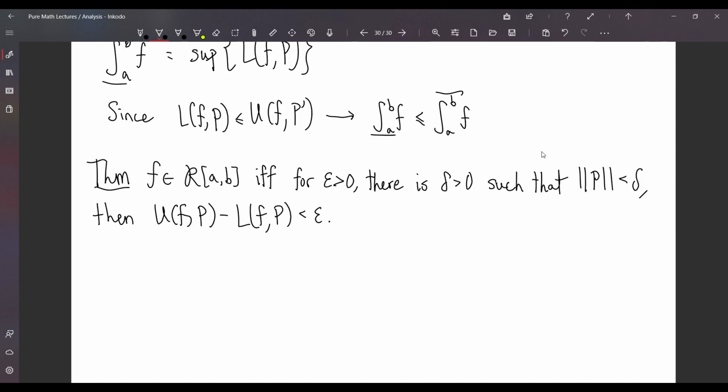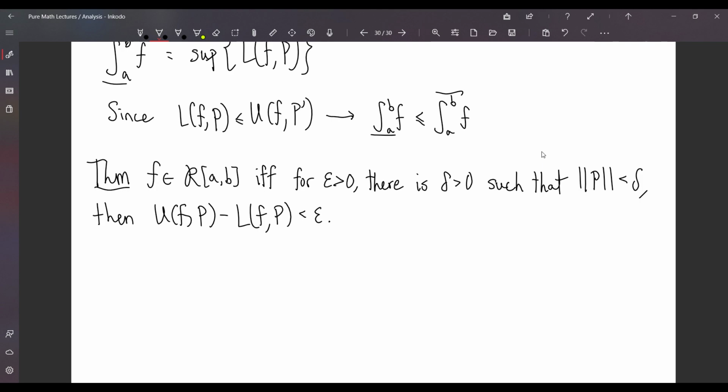So essentially what this is saying is that as our partitions get finer and finer, the subdivisions of our partition are smaller and smaller, then the upper and lower sums with respect to that partition are getting closer and closer together.